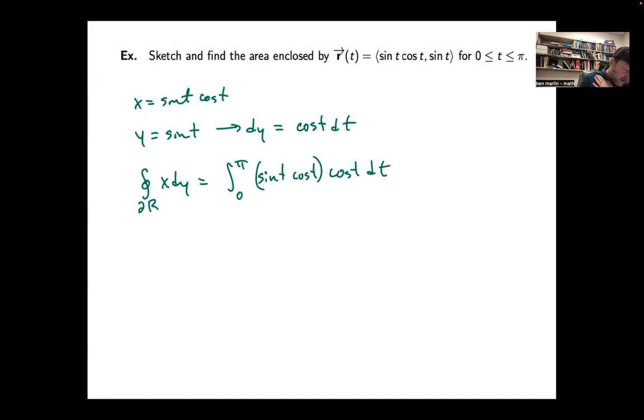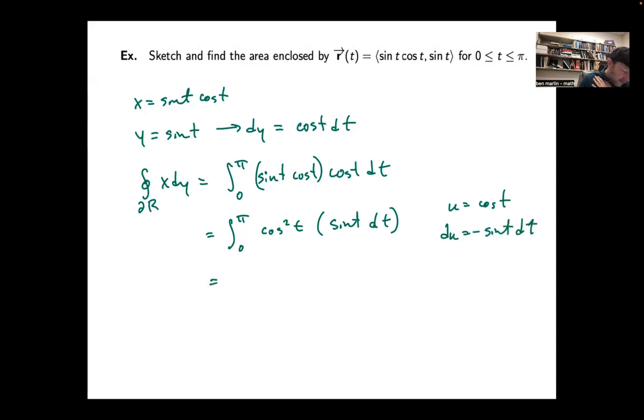So it's not exactly the same thing as last time. Integral 0 to pi, and I'm going to write a cosine squared t times a sine t dt. Now, I want to do a u sub for this, letting my u be cosine t. That says du is minus sine t dt.